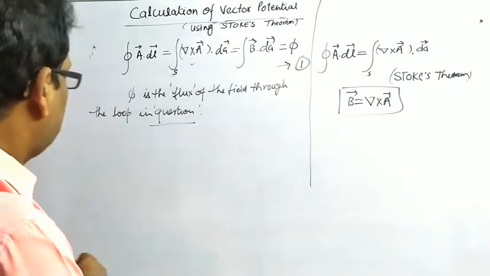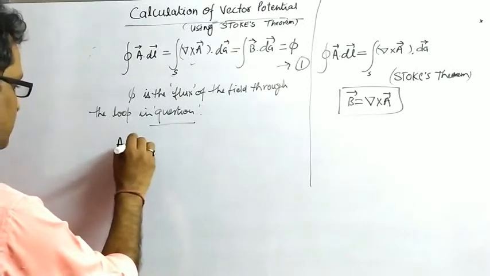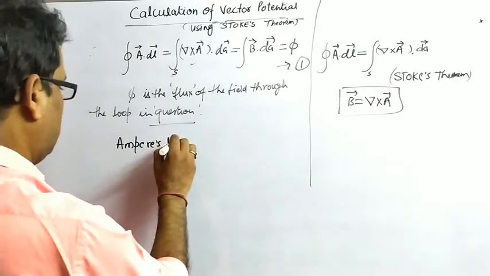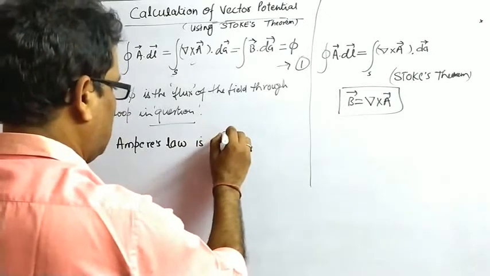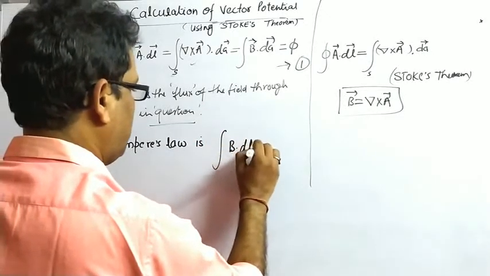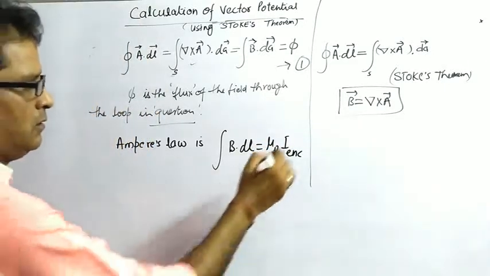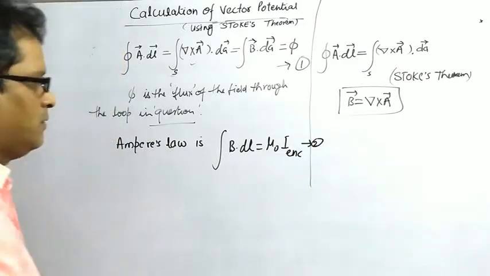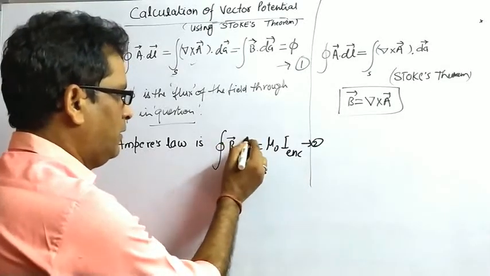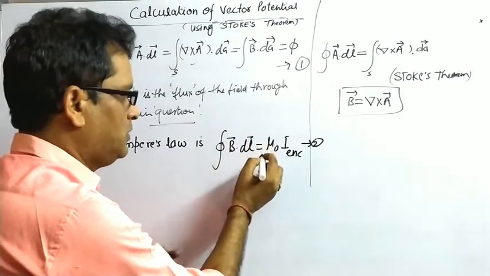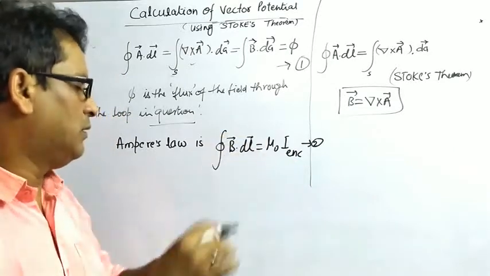Now if you recall Ampere's law, it is B dot dl is equal to mu naught I enclosed. The line integral of magnetic field around a closed loop is equal to mu naught times the total current enclosed by that loop.